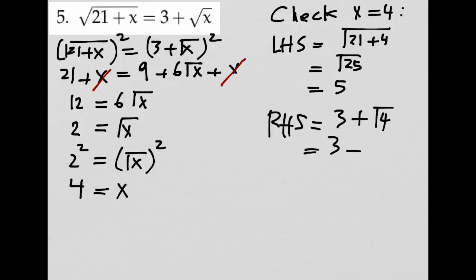That's 3 plus 2, which equals 5, which in turn equals the left-hand side. So x equals 4 is our solution for square root 21 plus x equals 3 plus square root of x.